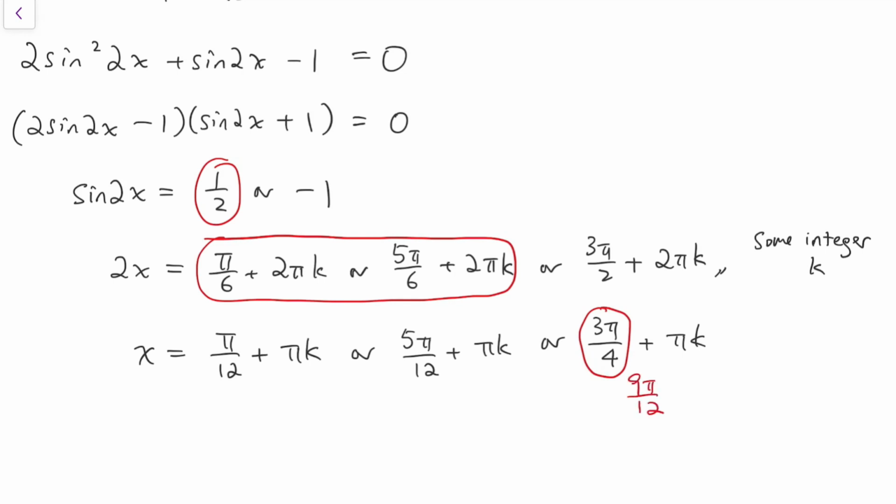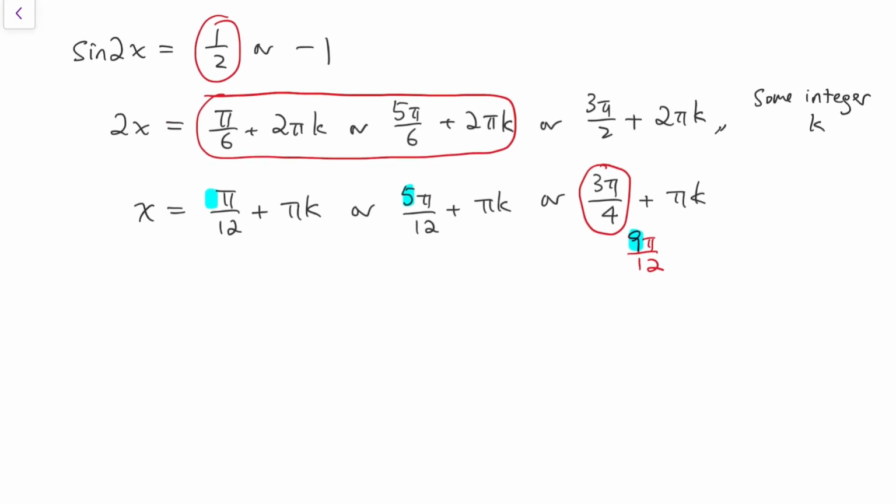The reason that I do this is that if I write it this way, then the coefficients of pi, 1, 5 and 9 form an arithmetic sequence, while the denominators of these fractions are the same. So it's possible that I may use one single expression to cover all possible solutions.